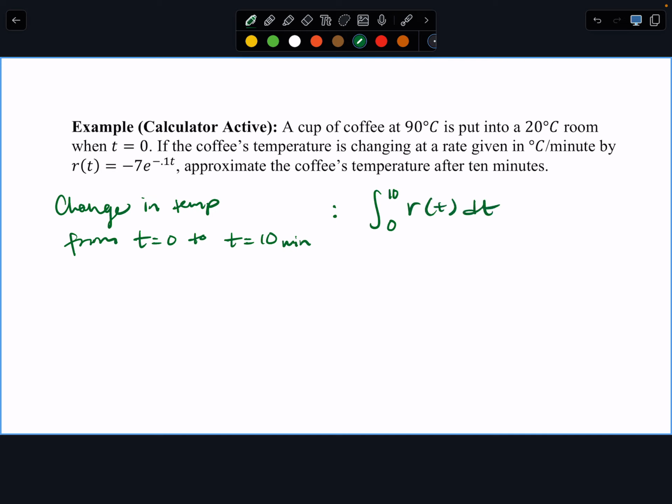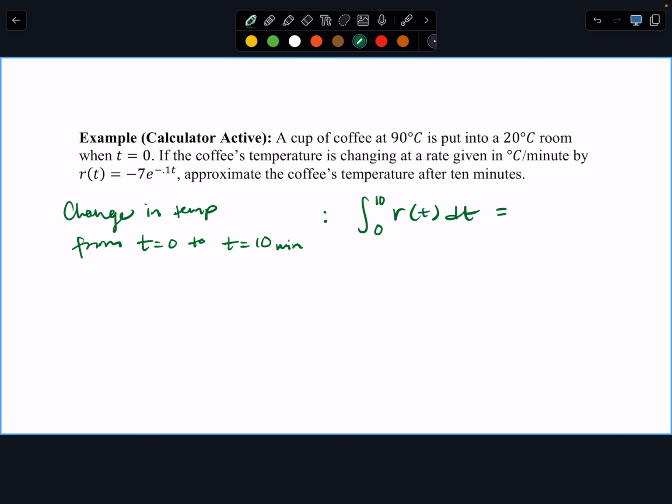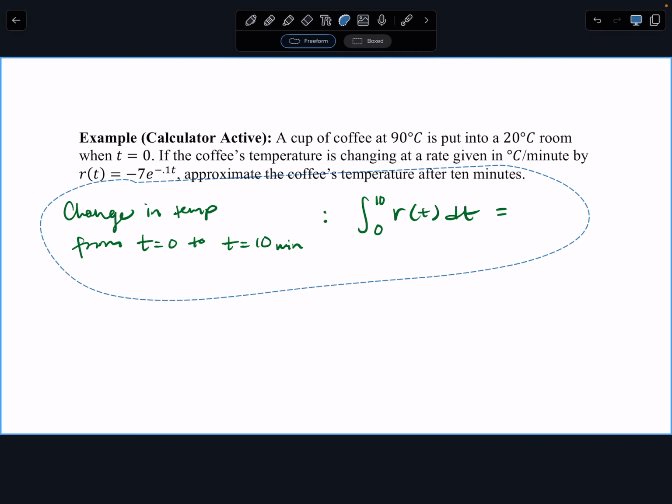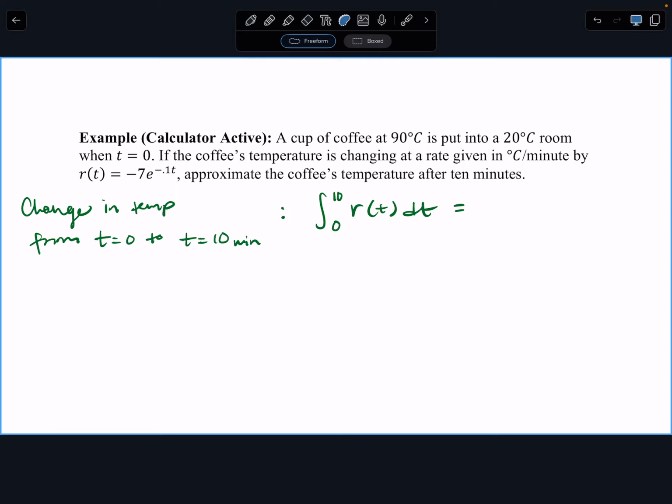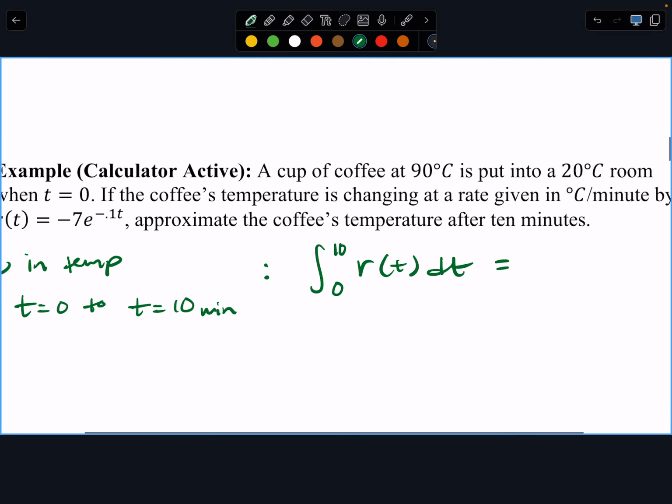And you guys have your calculators. You can also write out the integral on paper and use the rule for R of t, but if it's a calculator active question, you are welcome to reference it just by its function name. So this would be the same as the integral from 0 to 10 of negative 7 times e to the negative 0.1 t dt.